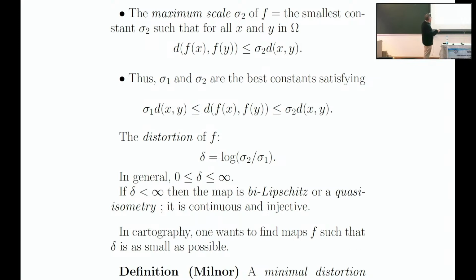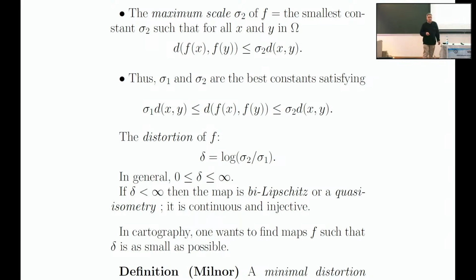This is also called bi-Lipschitz. Yes, sigma 1 and sigma 2 may vary. If this is valid for some sigma 2, then if I take another sigma 2 which is greater than this one, it will be obviously valid.